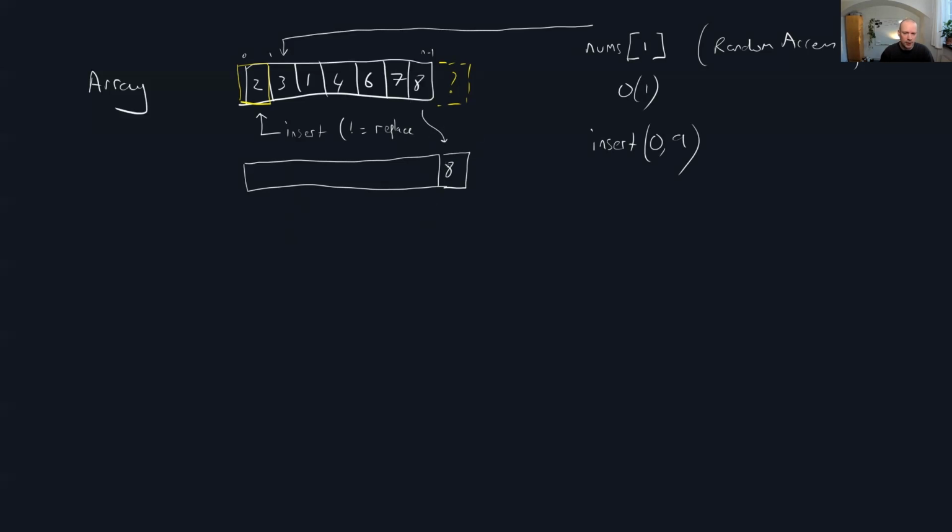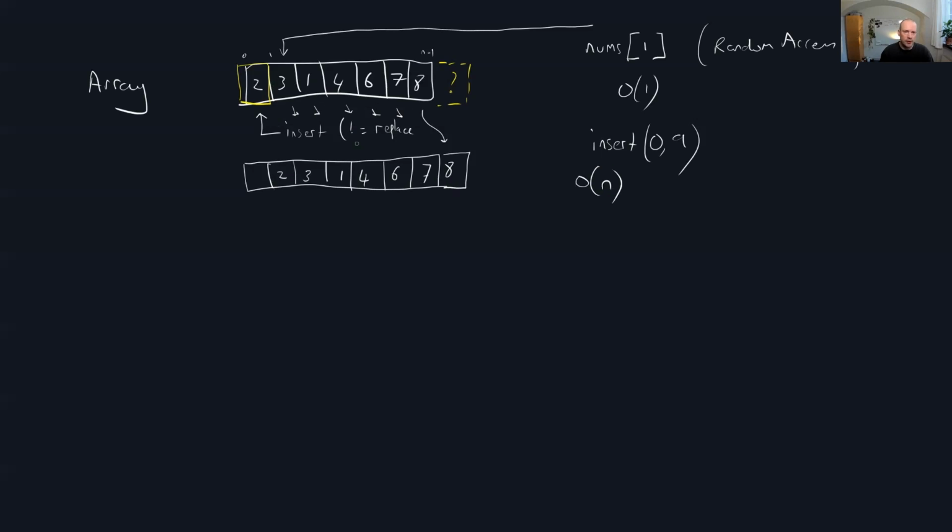Because this has to shift along one, then everything else has to shift along by 1. Okay, so all of these have had to shift just to insert one thing at the beginning of this array. I have incurred a linear cost just moving everything by 1.